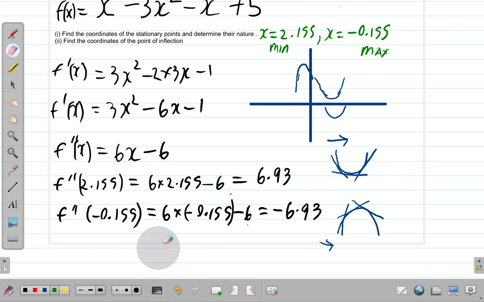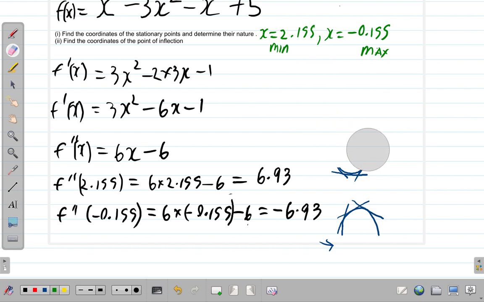Let's erase some of what I drew here and continue. Here now, we need to find the point of inflection.